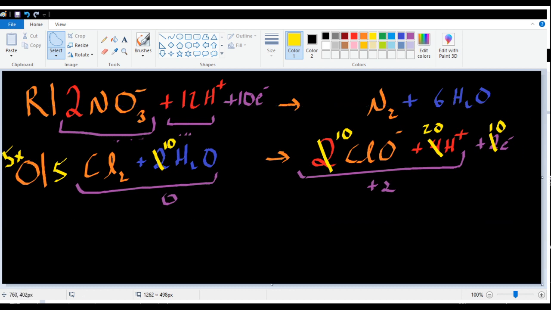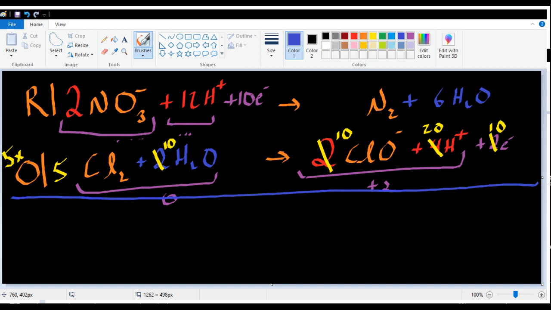And so will some other things. All right, so 10 electrons cancels out, as it should. Now we have 20 hydrogens down here. We have 12 hydrogens up here.